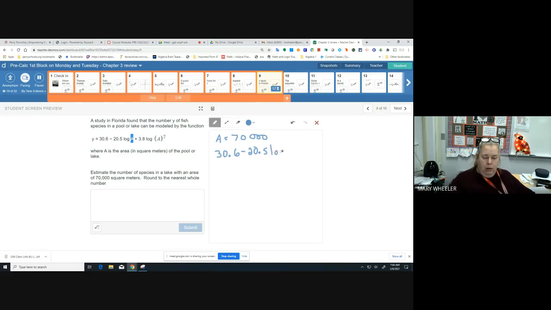Log of 70,000 plus 3.8 log 70,000 squared. Now I just made numbers up, so I'm not sure what the number on this is supposed to be.